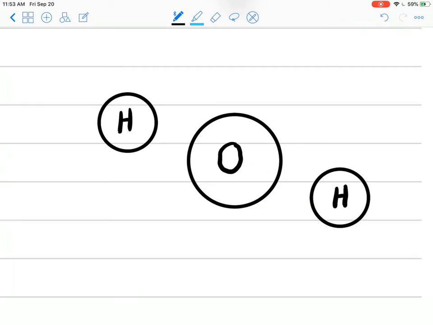So I have 2 hydrogens and an oxygen atom. Now please watch the screen. Here is the bond. As soon as you connect them, you have a bonded molecule.